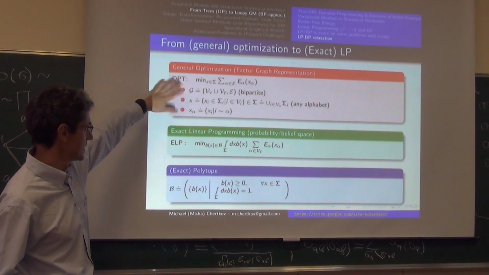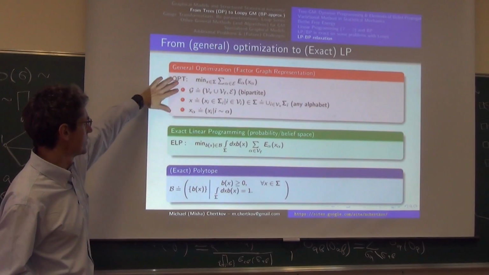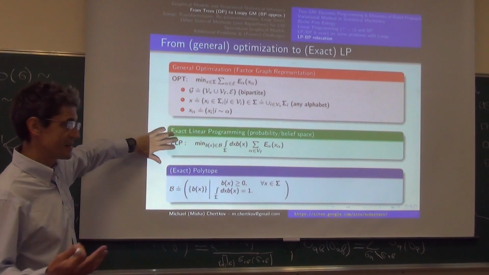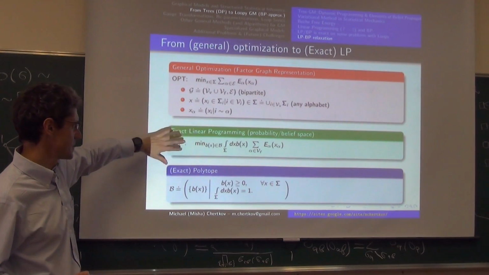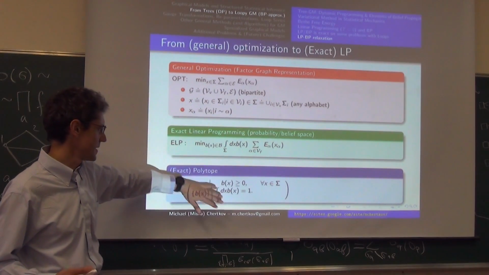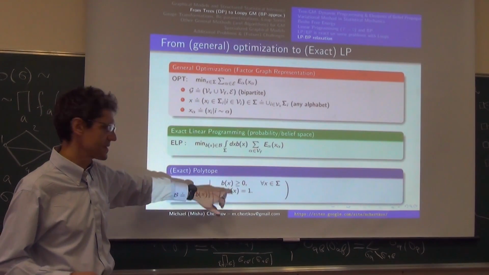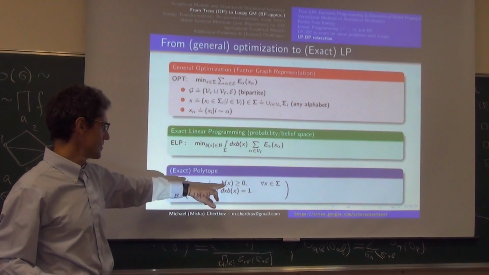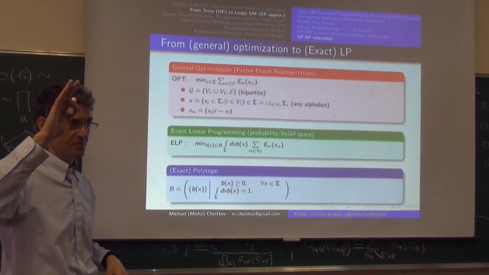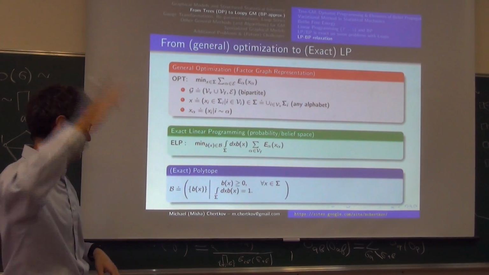So that's an exact transformation. It's actually useful to know that in principle, any optimization can be stated as linear programming. Of course, in principle, it's a very big vector, because I should introduce those b's for all possible values of x. And if it is continuous alphabet, infinitely many.